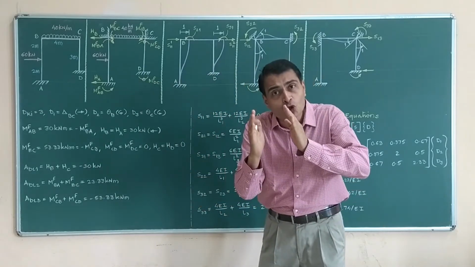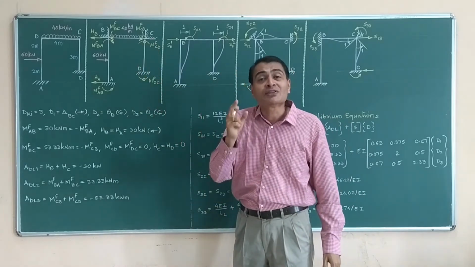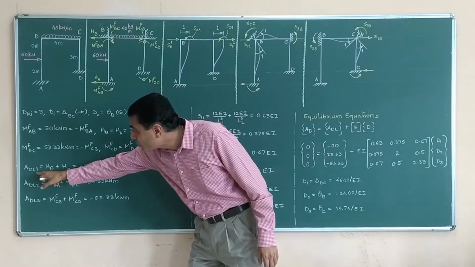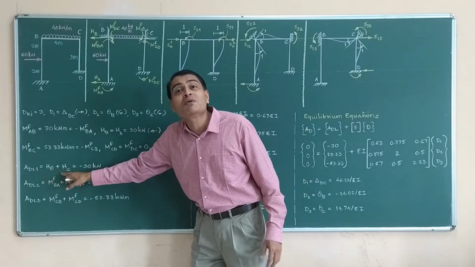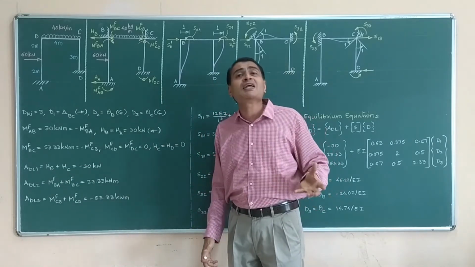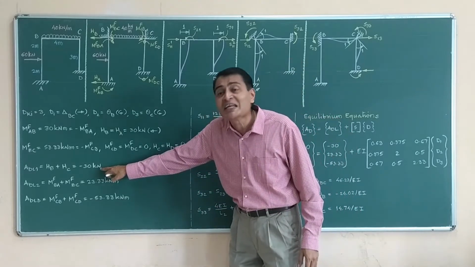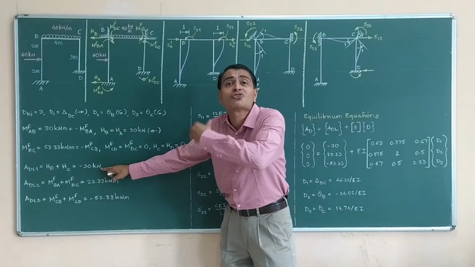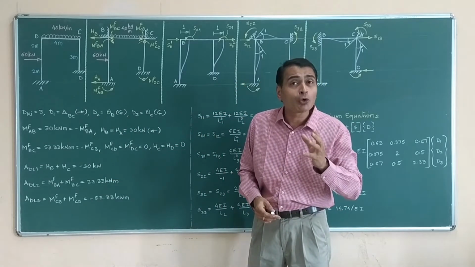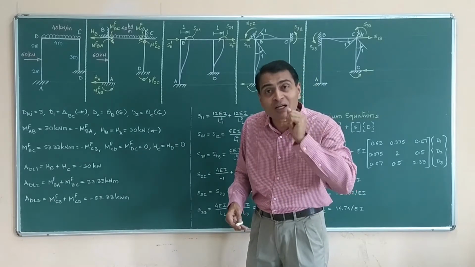Our sway is horizontal, so I am concerned with horizontal actions, that too horizontal forces. So actually my ADL1 is going to be HB plus HC, but since HC is 0, my ADL1 is only HB, and that I am writing as negative 30 kilonewtons because it is leftwards. See that you follow this point perfectly, and by comparison you will understand it better.